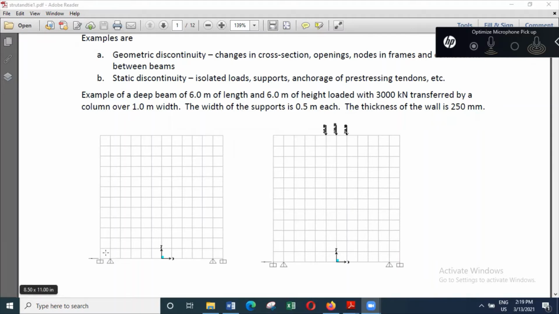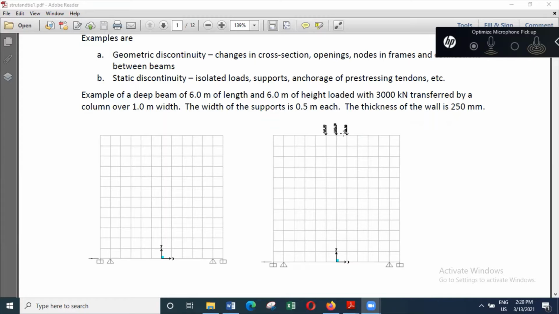So here all these squares would be 0.5 meter by 0.5 meter, and over 0.5 meter we have a support condition. Here also we have a support condition. In addition to that, we are supporting a column here which will transfer a load of 3000 kilonewtons. So here we get 3000 kilonewtons, which means this will transfer 1500, this will transfer 750, this will transfer 750.